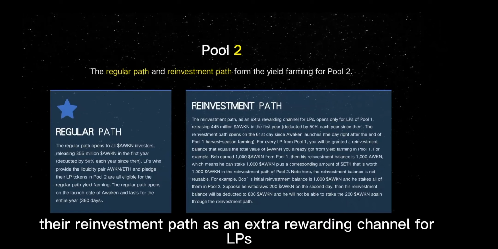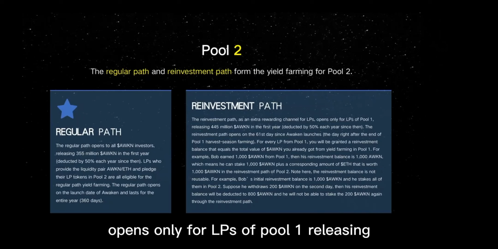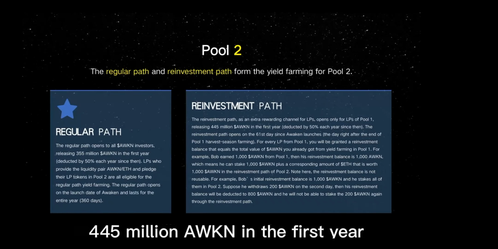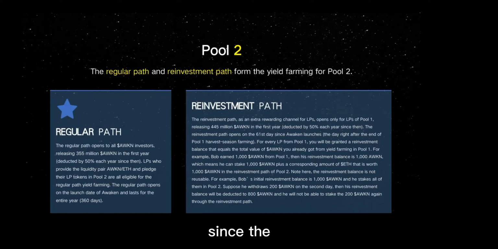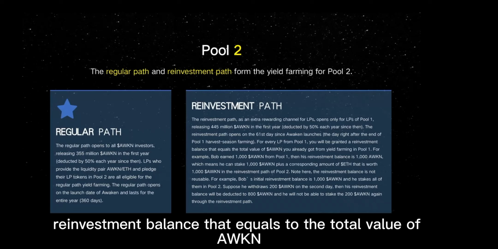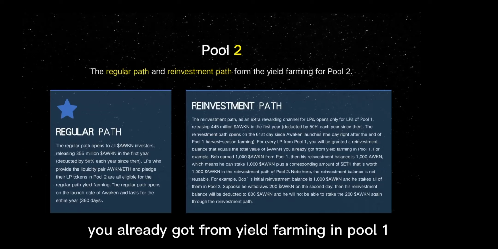The reinvestment path, as an extra rewarding channel for LPs, opens only for LPs of Pool 1, releasing 445 million Awaken in the first year. The reinvestment path opens on the 61st day since Awaken launches. For every LP from Pool 1, you will be granted a reinvestment balance that equals the total value of Awaken you already got from yield farming in Pool 1.